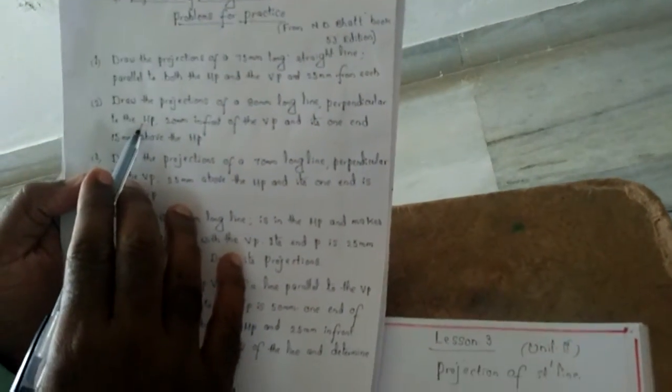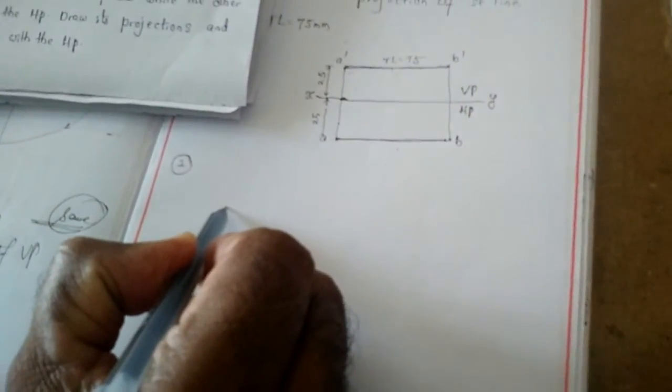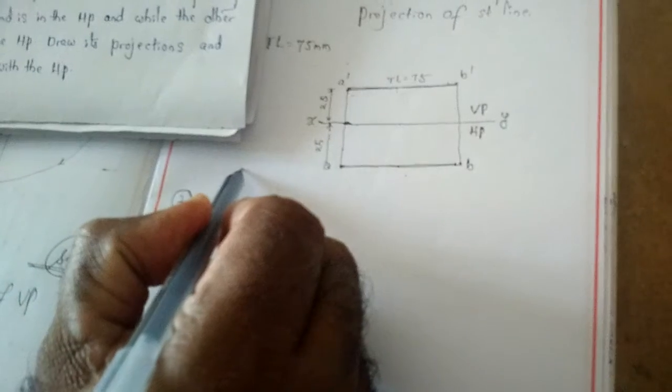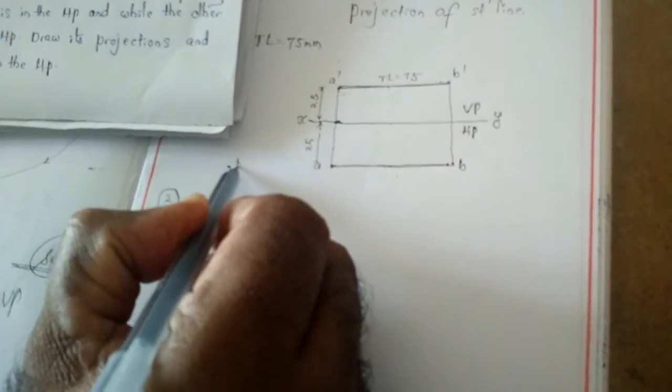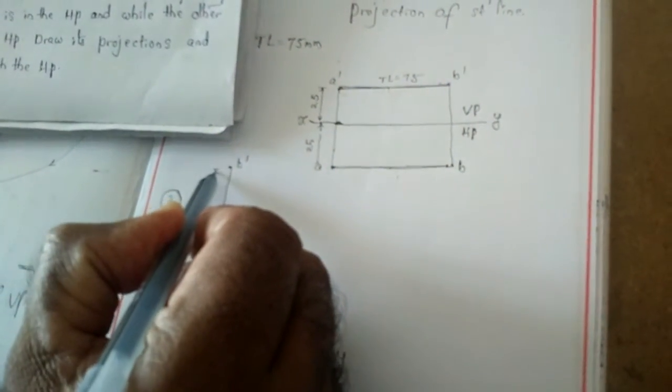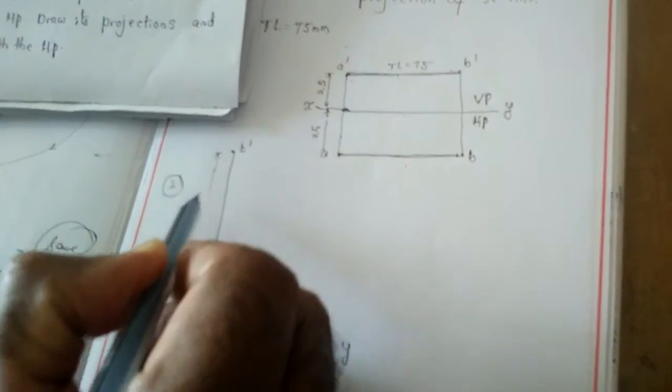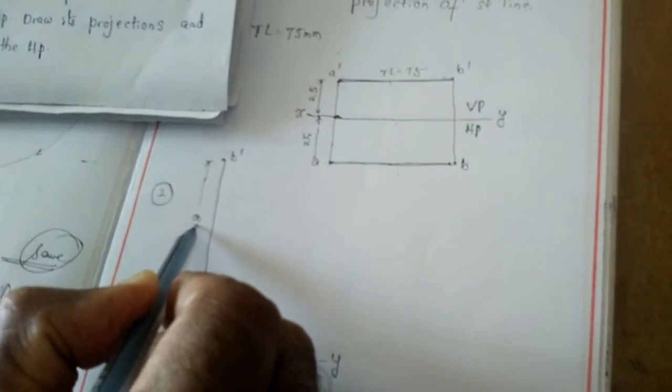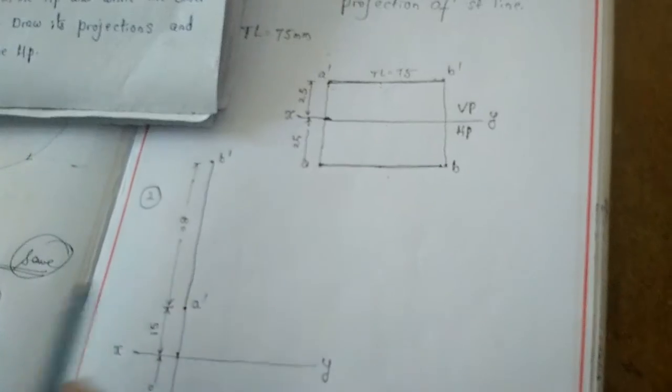But the line is perpendicular to HP and the length is 80 millimeter. That's why from A dash you extend 80 millimeter length. This is B dash. This length is called true length, 80 millimeter.